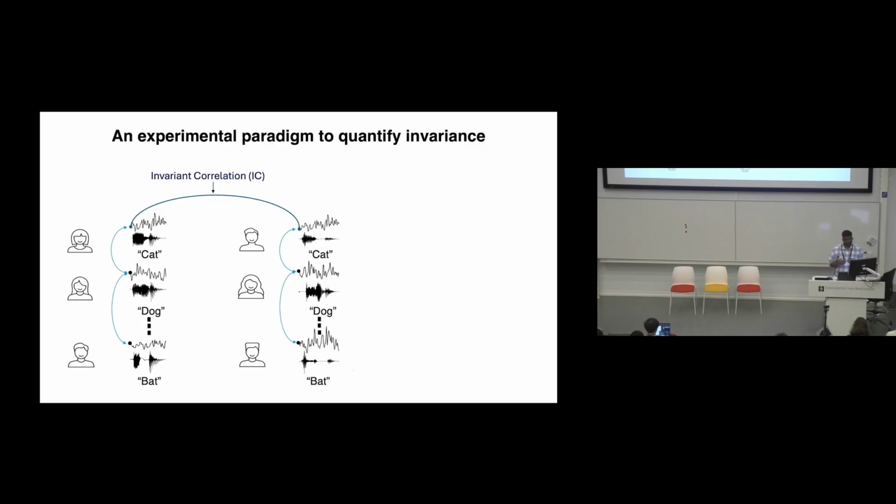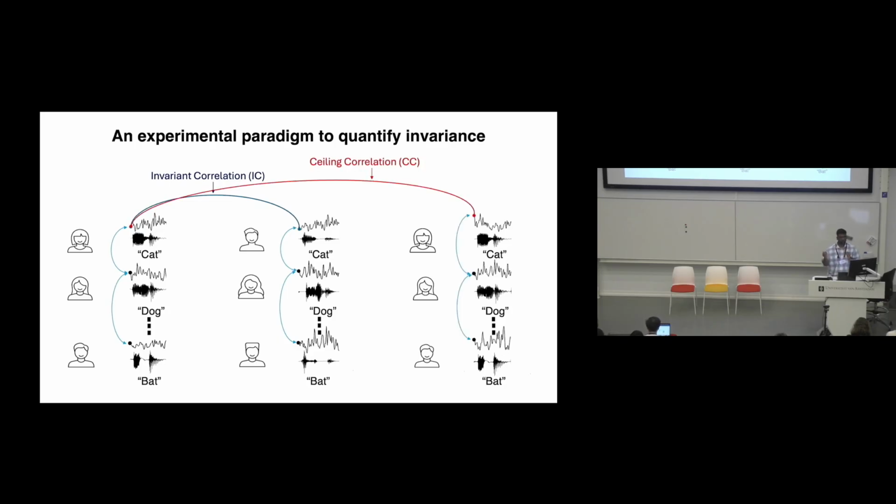But this is iEEG data, and it's not noise-free, so we need some form of noise correction. To do this, we present the same exact stimulus from the first set again, and we correlate them to get a ceiling correlation, which is the noise-corrected version, because we won't observe a perfect correlation of 1.